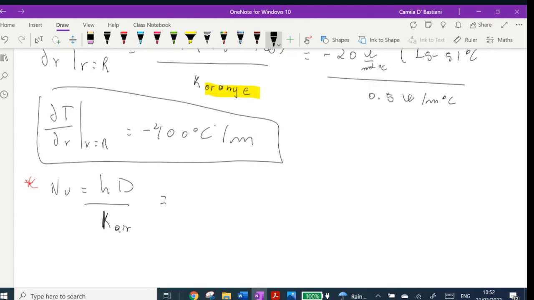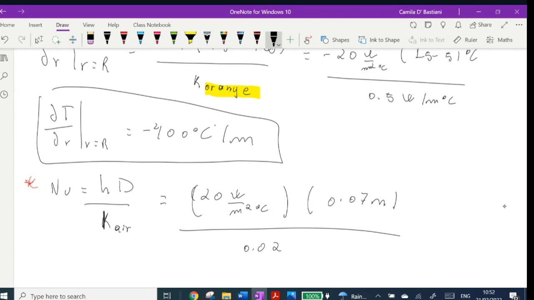So my Nusselt number is going to be 20 watts per meter squared degrees Celsius multiplied by my diameter, 0.07 meters, divided by my k of the air, the one that we read in the table.